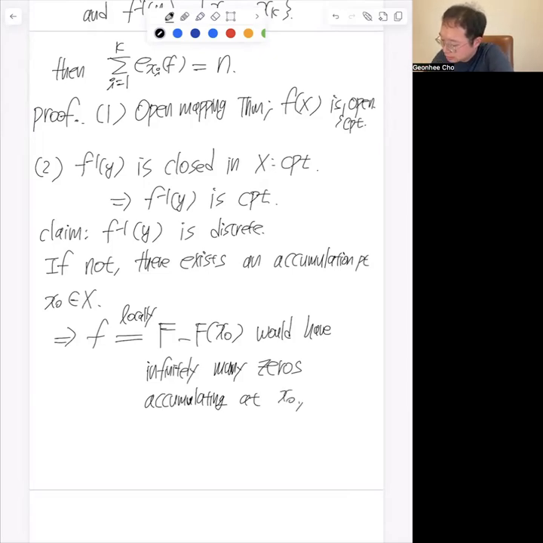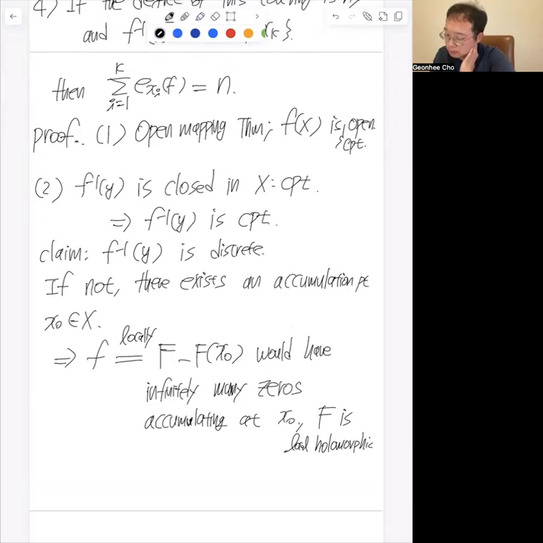Of course this f is a local holomorphic function, after choosing some small neighborhood. If the fiber is not discrete, we find the accumulation point, and since all points belong to the same fiber they map to the same point, so we can translate to make the target point map to zero.